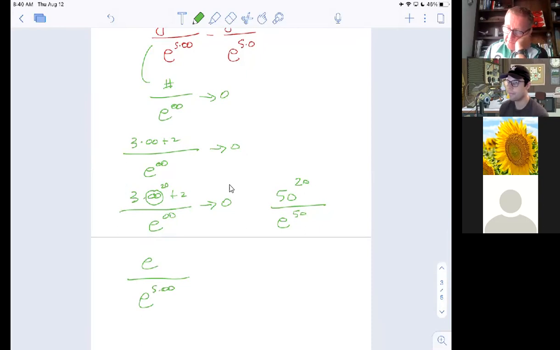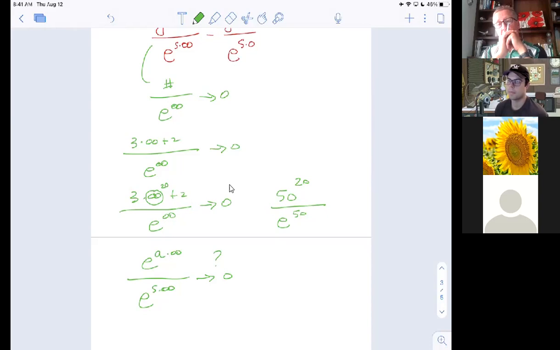What if on the top, this was e to the at? What if it was also e? Except for, again, isn't t going to infinity? Now, does it go to 0?